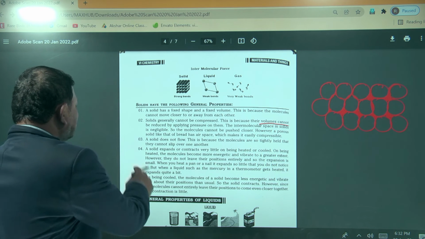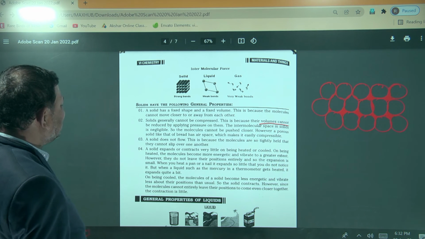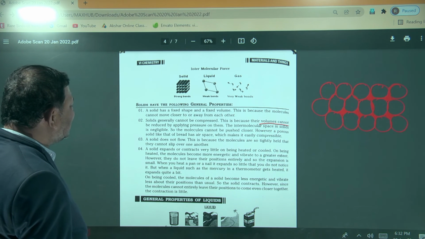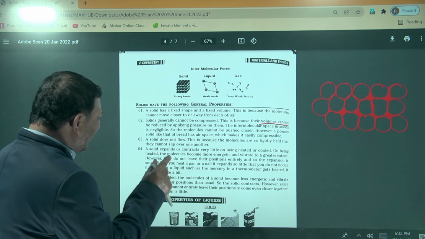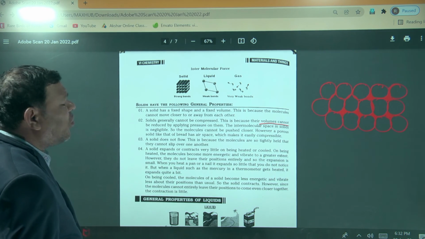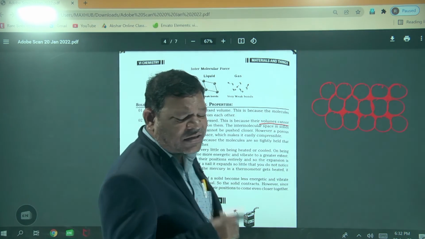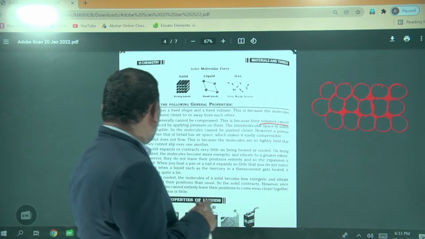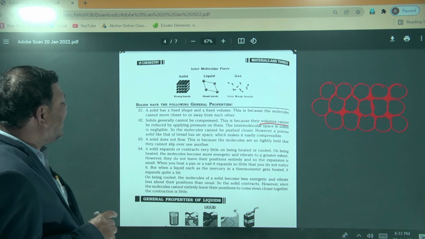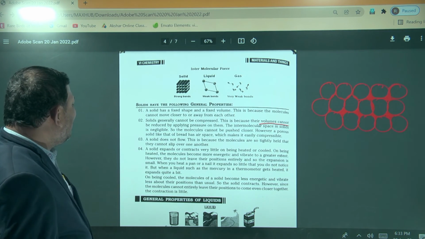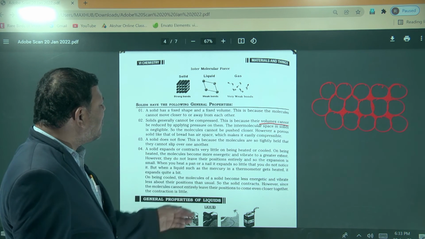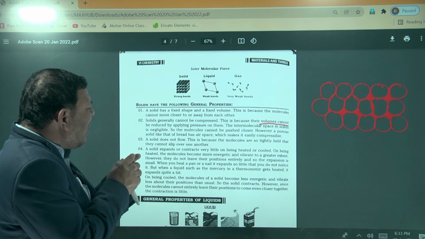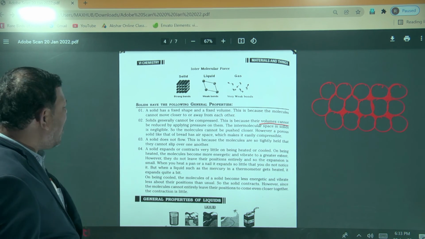Fourth point, solids expand or contract very little on being heated or cooled. On being heated, the molecules become more energetic and vibrate to a greater extent, but only slightly.